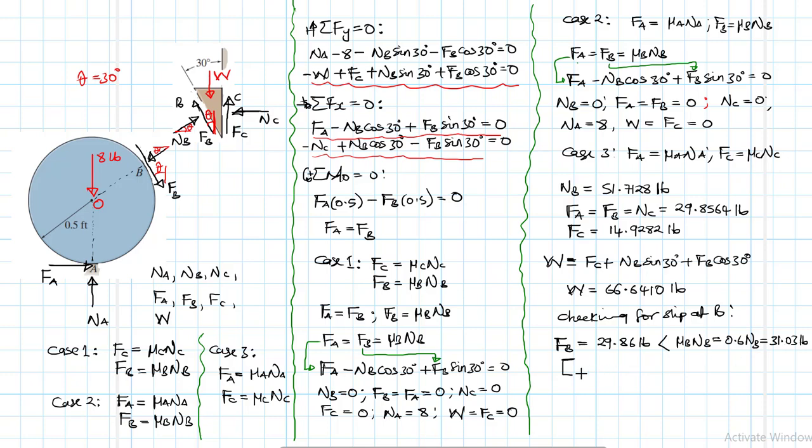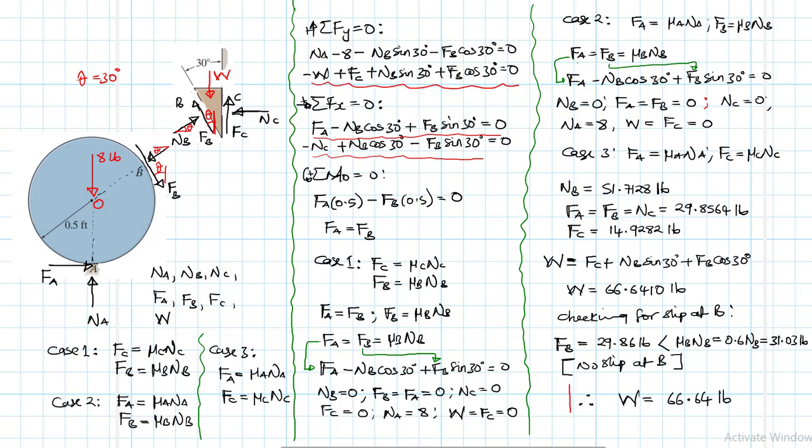So this therefore means no slip at B, which is okay, and hence case 3 gives us the right value of W, which is 66.64 pounds.